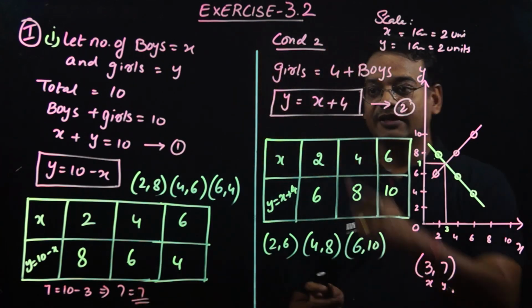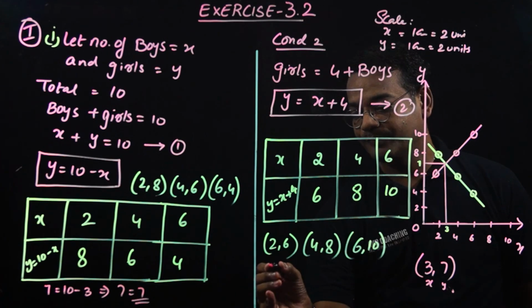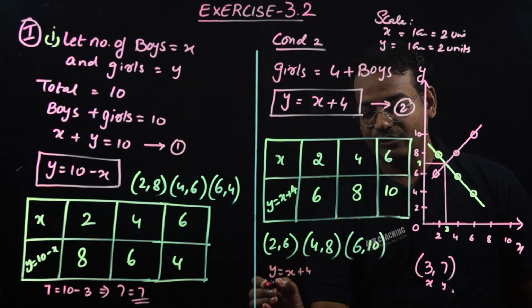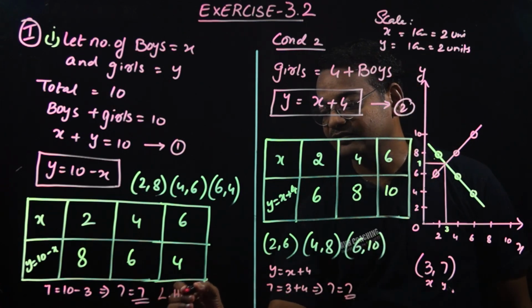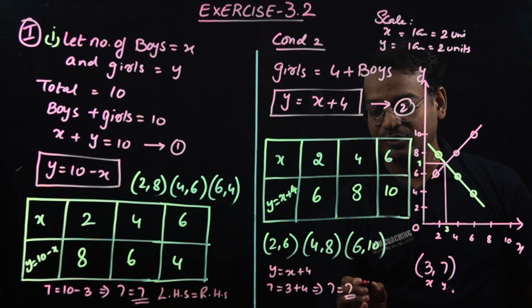And also for the equation y equal to x plus 4, y is 7 and x plus 4 is 3 plus 4, which implies 7 equal to 7. Here also LHS is equal to RHS, so this is also the solution. So the problem we solved and the coordinates we got are correct.